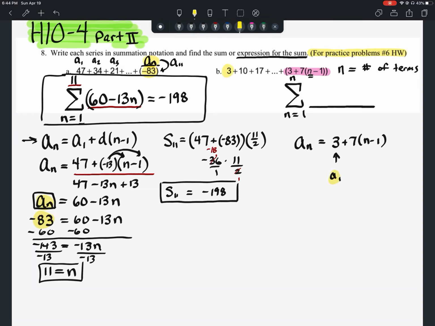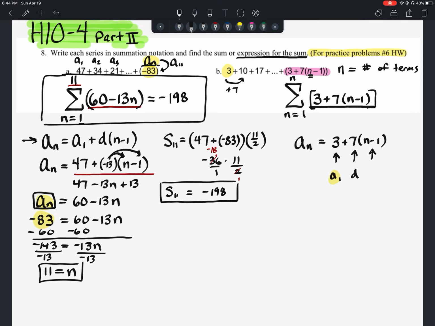And then, as we're going through here, you see we're adding 7 each time, which means this is our common difference. And then we're in first term form. That's why we have the n minus 1 there. So you could just write in there 3 plus 7 times the quantity of n minus 1, right? And that would be the way we could do it.